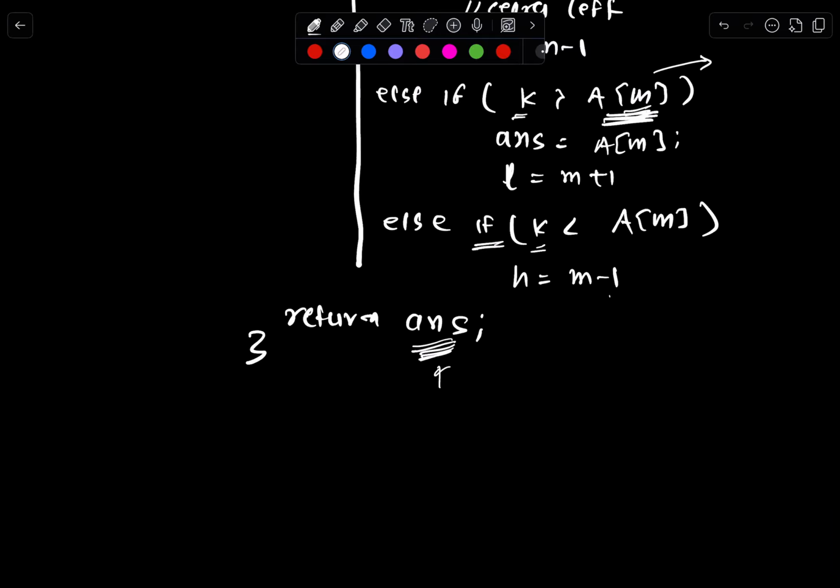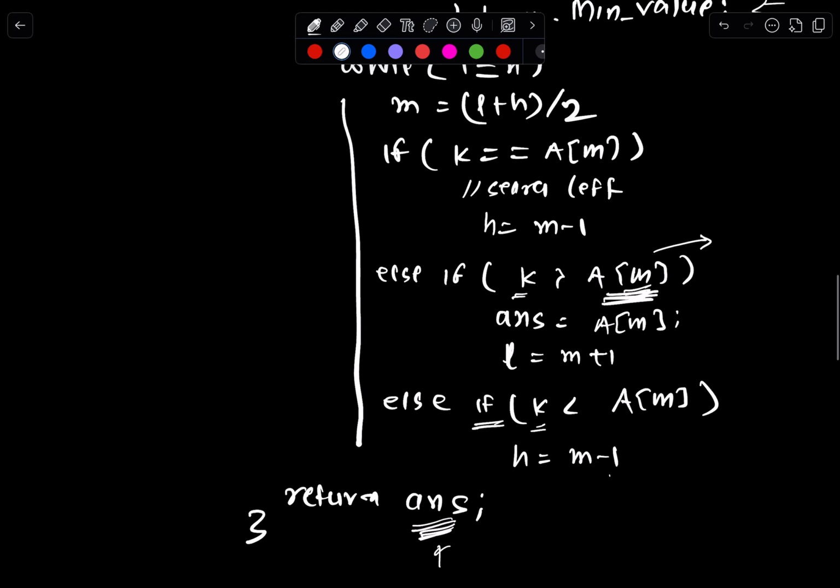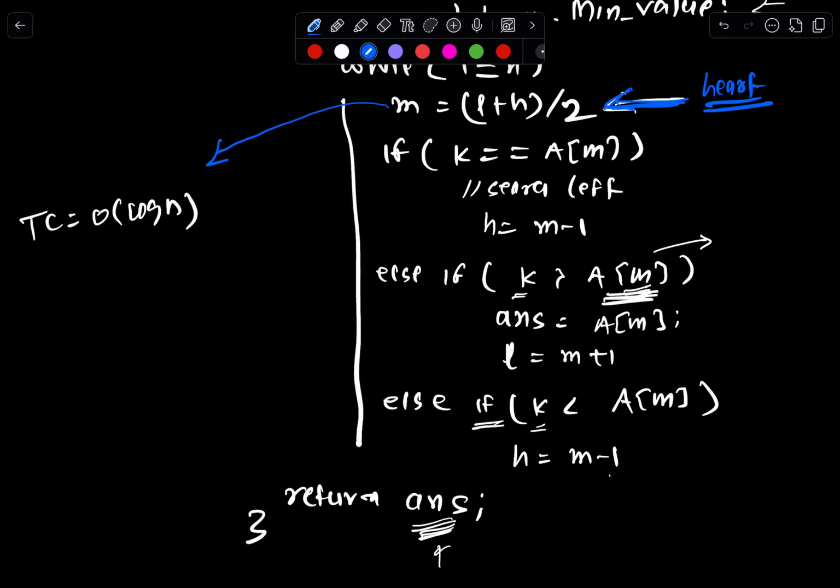And by checking the minimum value, we can say that the answer could not be found in the given array. The time complexity is always O of log n. Why is that? Because of this condition. This is the heart of this binary search. And because of this, the time complexity is reduced from n to log n.